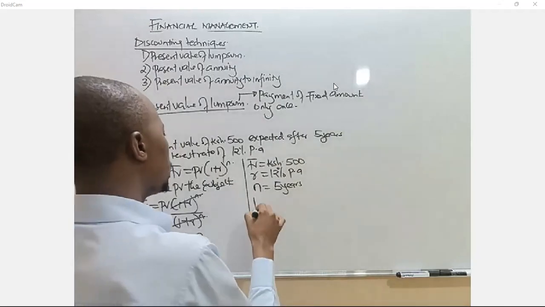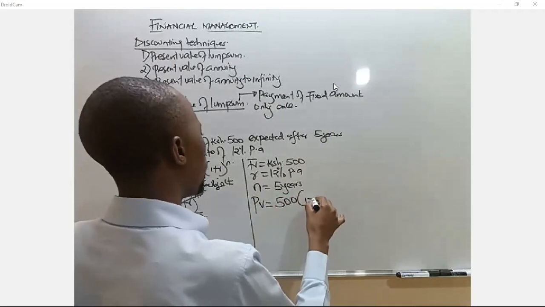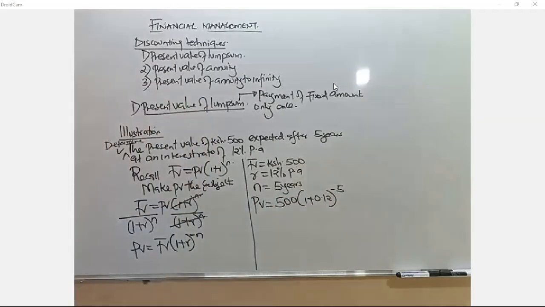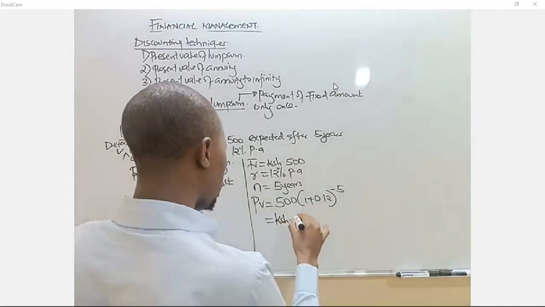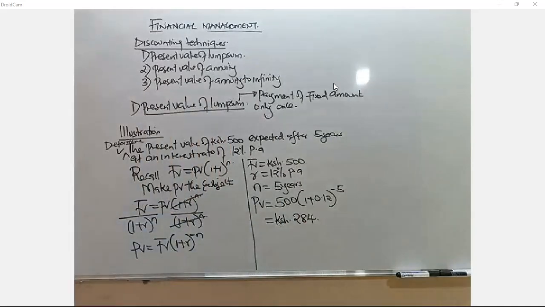I take my future value times 1 plus our rate, 0.12, raised to negative n. In simpler terms, it is 1.12 raised to negative 5 times 500. And I know each one of you is getting this figure, equivalent to 284. This is what we are getting.